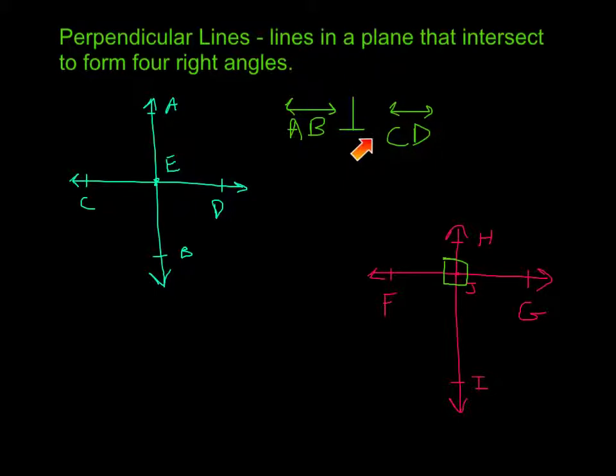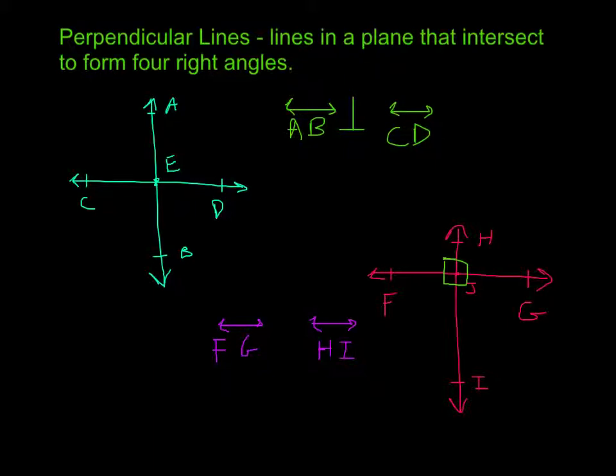And once again, I'm going to draw my arrows because we are talking about lines. And this line is going to be called FG. So I'm going to do line FG and line HI are perpendicular.